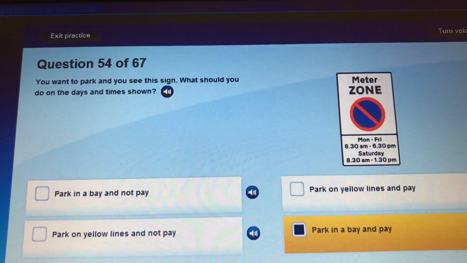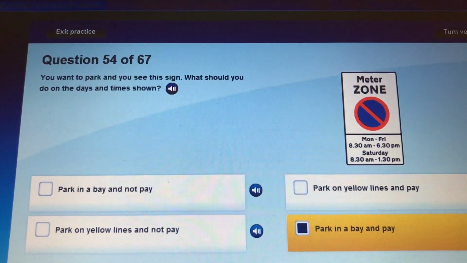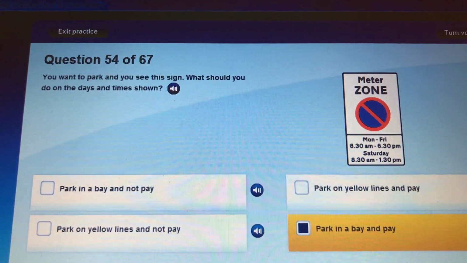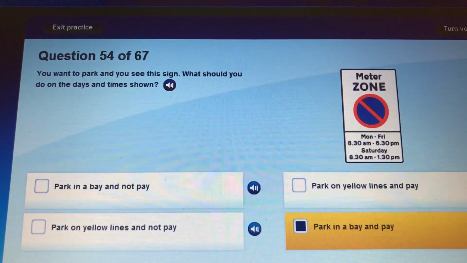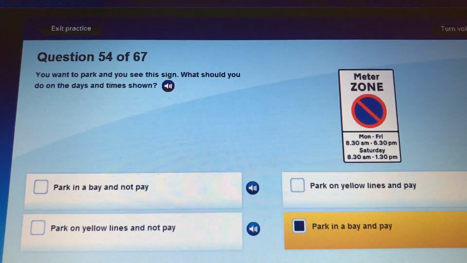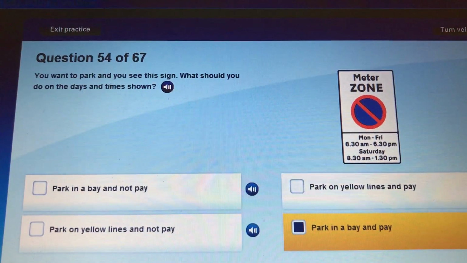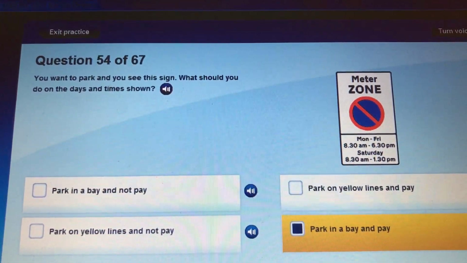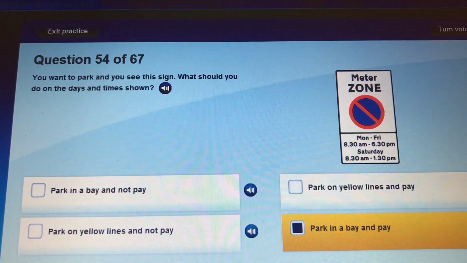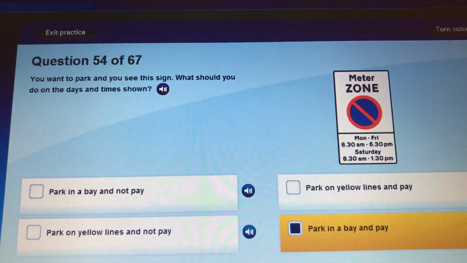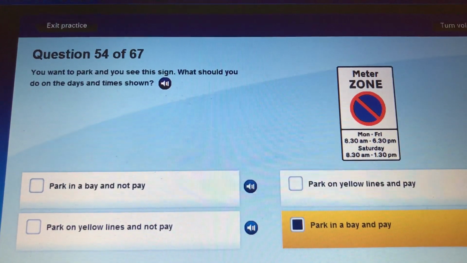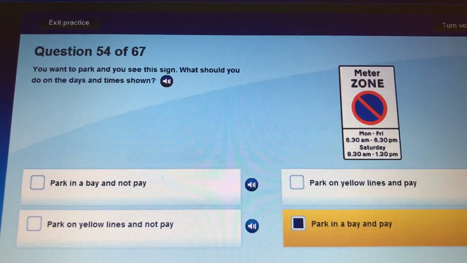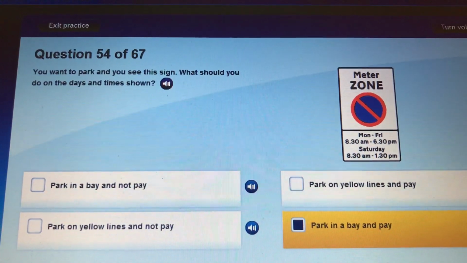Monday to Friday, 8:30 a.m. to 6:30 p.m. you have to pay for your parking. And Saturday, you pay 8:30 a.m. to 1:30 p.m. Out of this timing, parking is free. But on these days, on this timing, you have to pay and park in a bay.